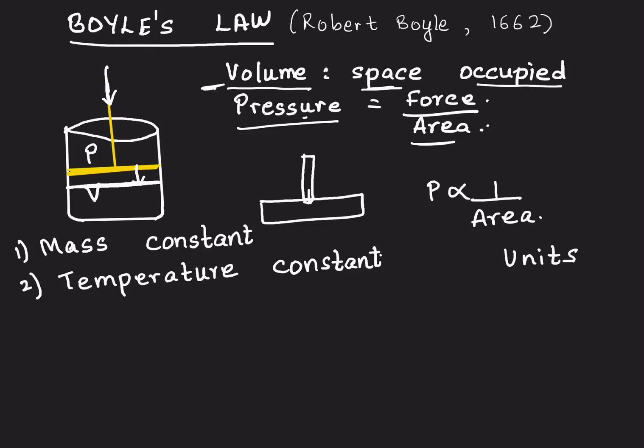When we compress the gas, compressing means we are reducing its volume, right? So let us suppose that the volume of the gas now becomes V by 2. That means it becomes halved. Tell me, did you have to increase the pressure or decrease the pressure? Yes, you applied the pressure.